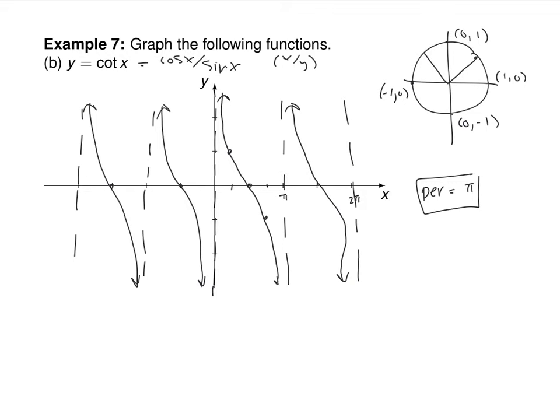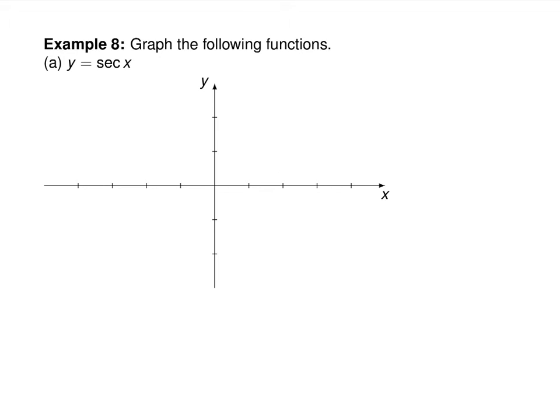So if we had cotangent of 2x, that would go twice as fast as cotangent, right? And you'd set 2x equal to pi because pi is the base period of that particular function. Okay. I know it's fast and furious.